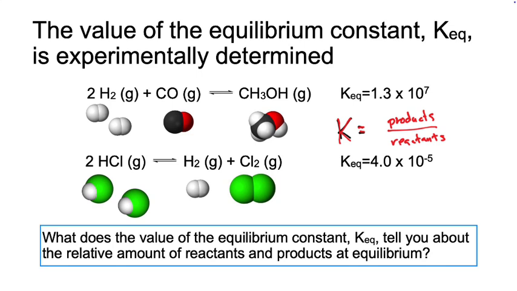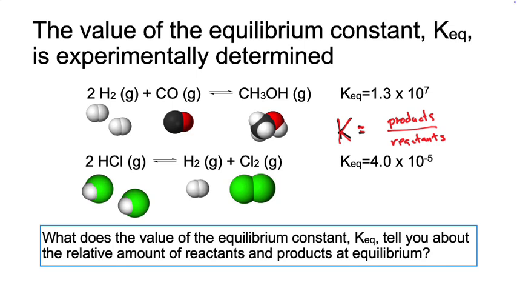If we move to the next K expression, that's now a small number. For it to be a small number, what does that mean? I would look at the products again. The products have to be smaller than the reactants so that I get a small number. The flip of that is I have more reactants than I have products.